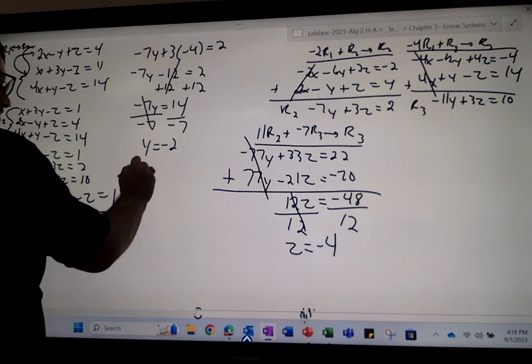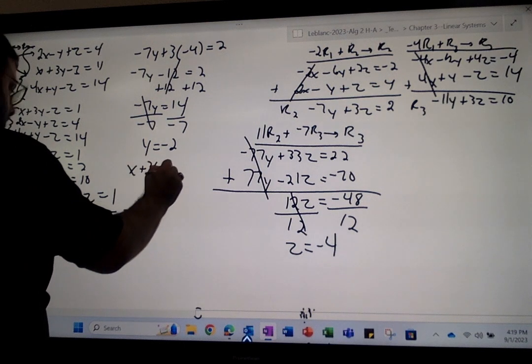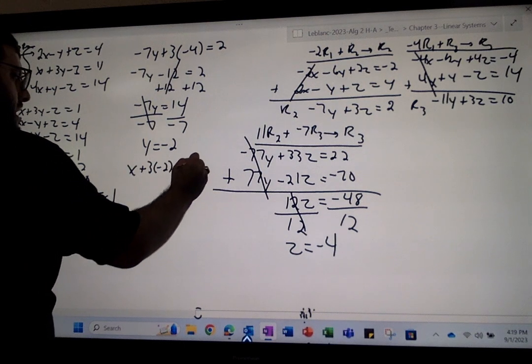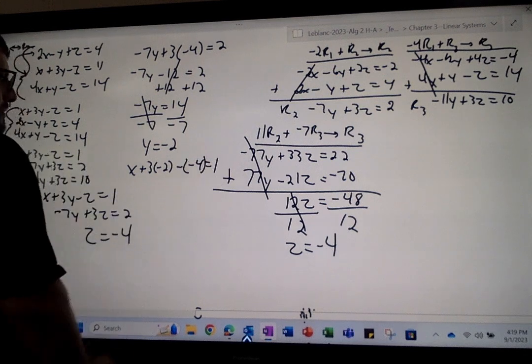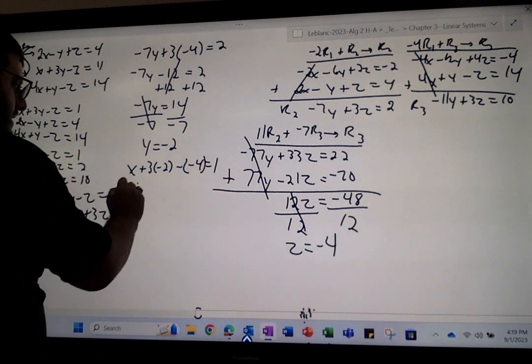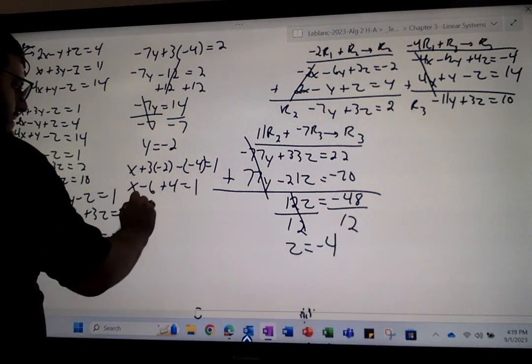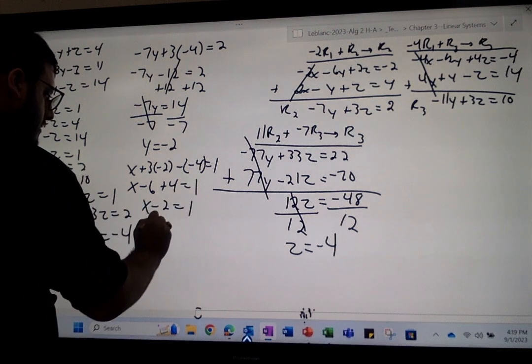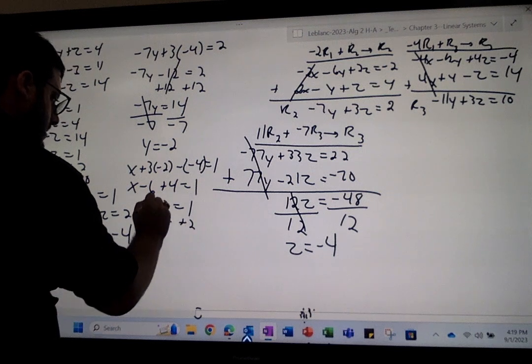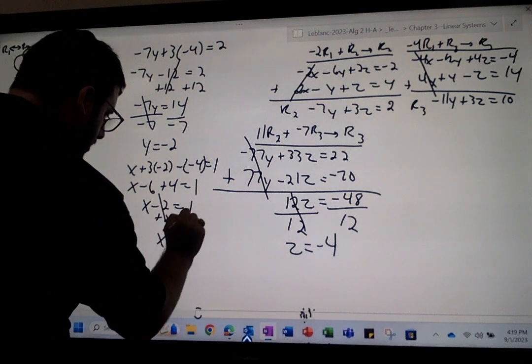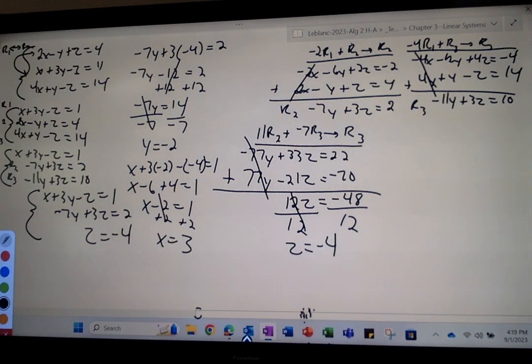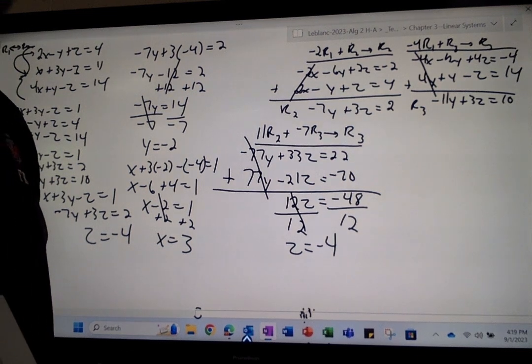So x plus 3 times negative 2 minus negative 4 equals 1. So that's x minus 6 plus 4 equals 1. That's x minus 2 equals 1. Add 2 to both sides. x equals 3. All right, and there is my solution.